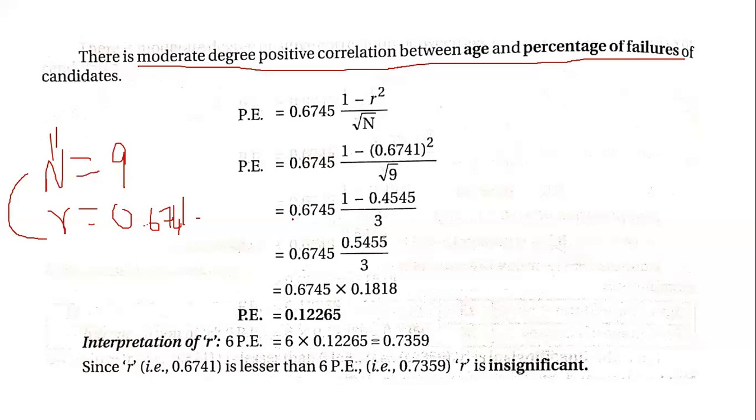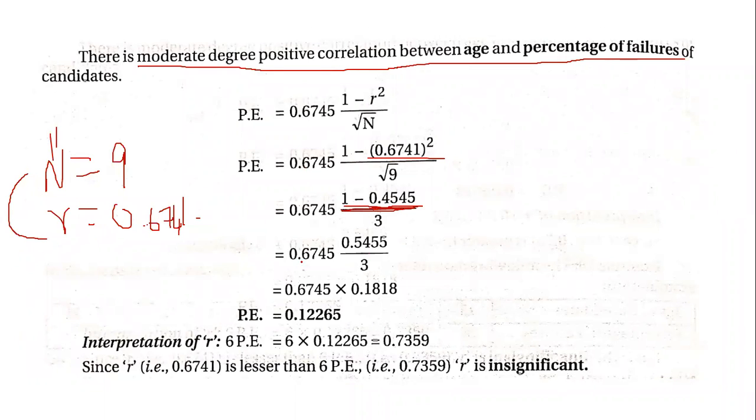Then coming down to the next simplified steps, 0.6745 into 1 minus 0.6741 square. When you square this value, you will get 0.4545. Now square root of 9 is 3. Next, this calculation of 1 minus is simplified.